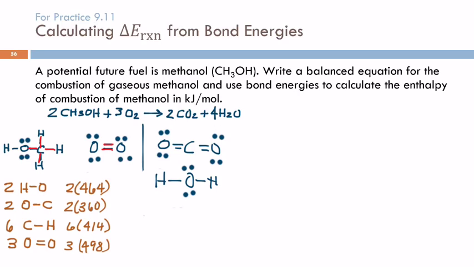So let's take all these numbers here and add them up. 2 times 464, 2 times 360, 6 times 414, 3 times 498. That's 5626.